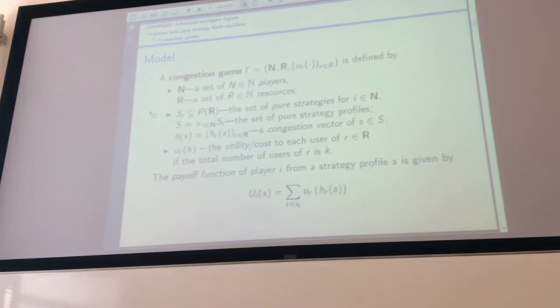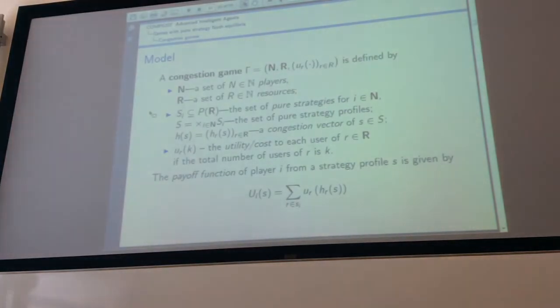So formally, we have a game that is defined by the following components. We have a set of agents, a finite set. We have a set of resources, also a finite set. And the set of pure strategies for each of the agents would be a collection of subsets of the given set of resources, right?